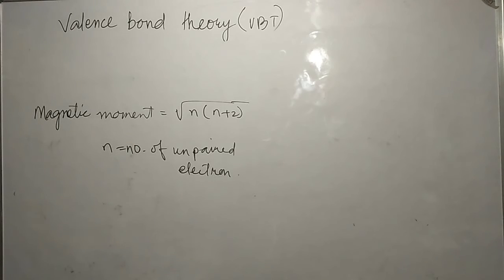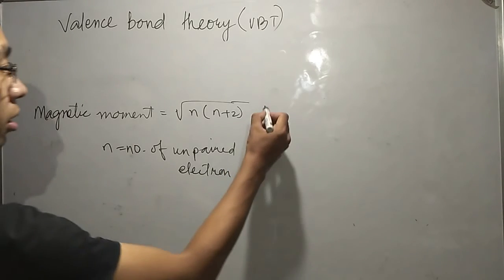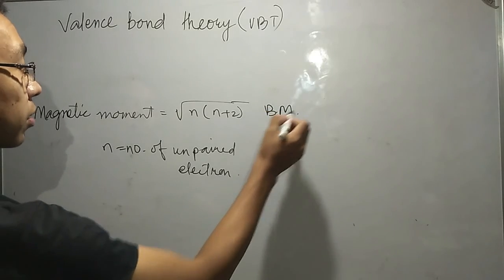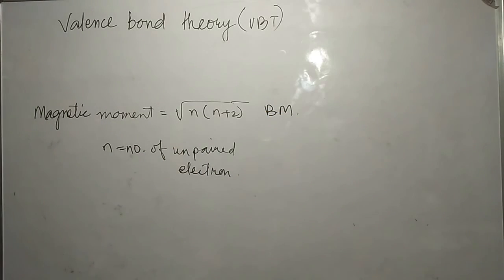It is actually the spin magnetic moment, so the unit is Bohr magneton. The formula is the square root of n(n+2), where n is the number of unpaired electrons.